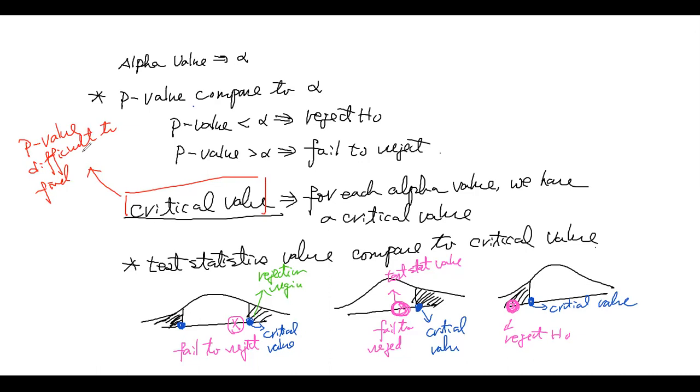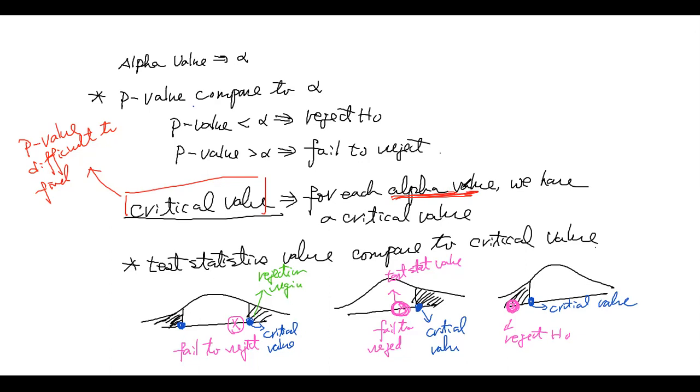In this video, the two key concepts we talk about are the alpha value and its relation to the p-value. If the p-value is difficult to find, then I'm going to find the critical value. The critical value is based on your alpha value, and also on the distribution assumptions.